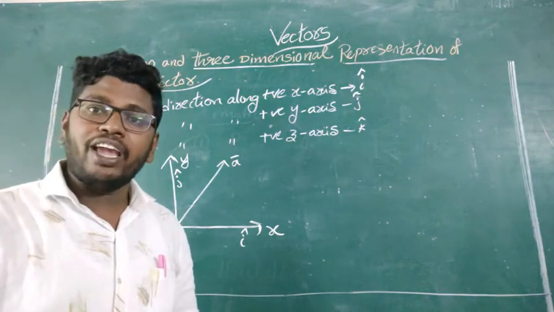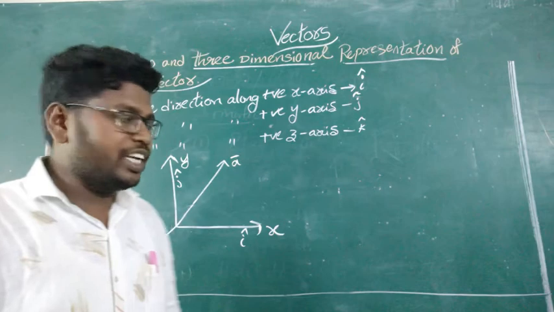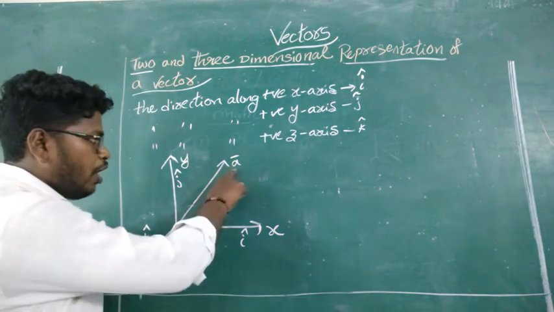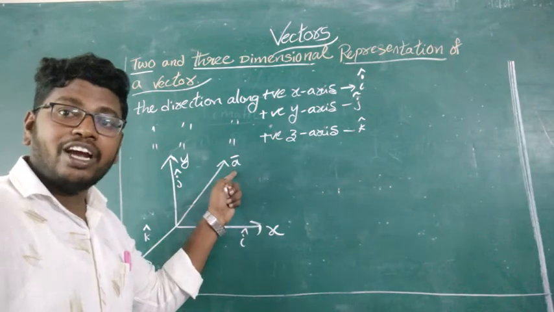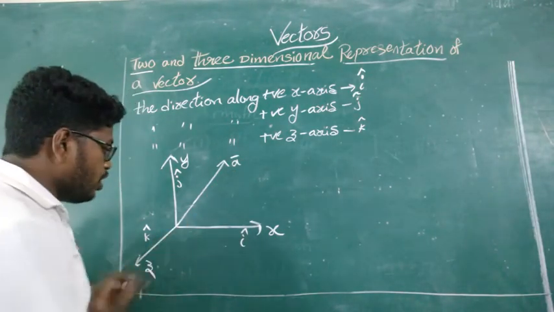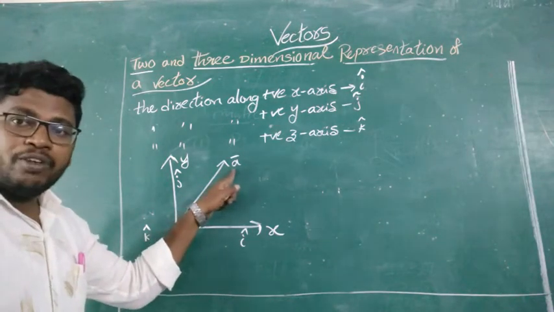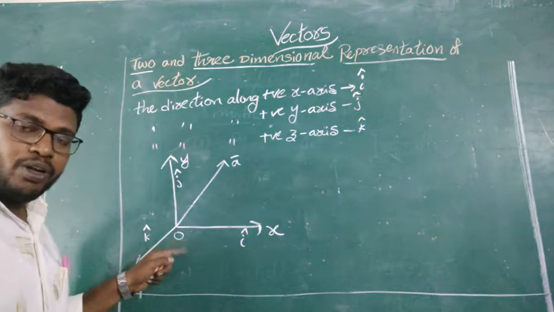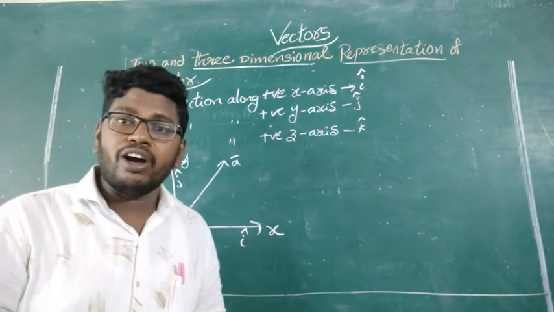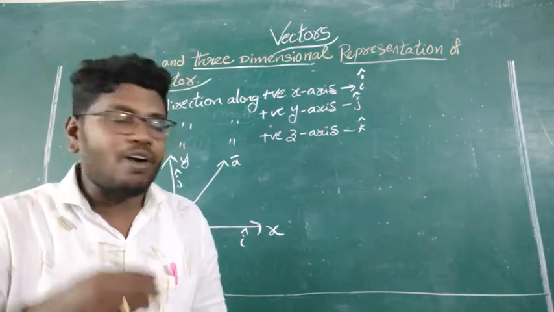Now let me write a vector based on the vector's law of addition. Before that we have to imagine vector A bar coincides at the origin O. Now let me write down the vector representation according to the vector's law of addition.